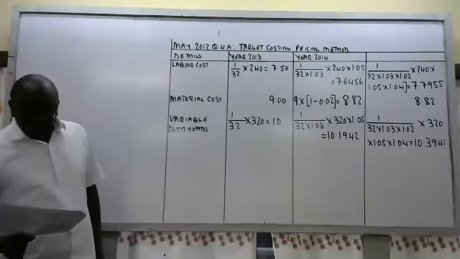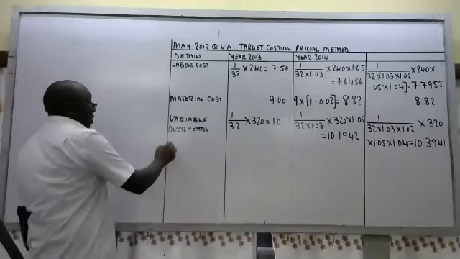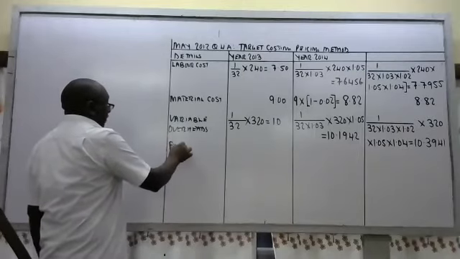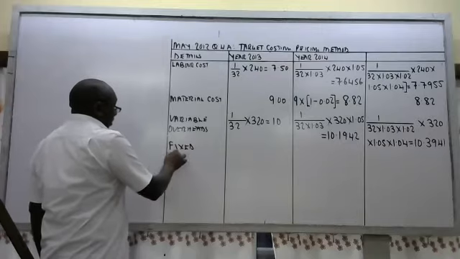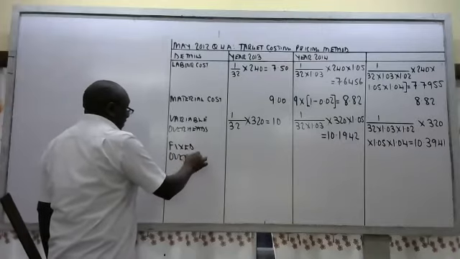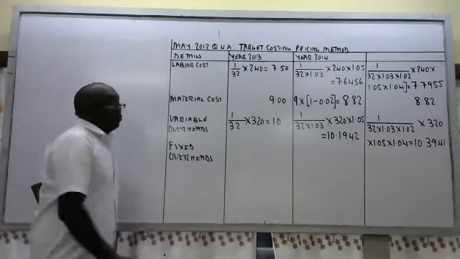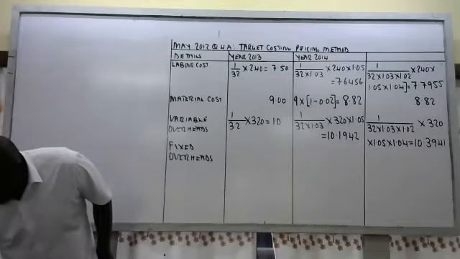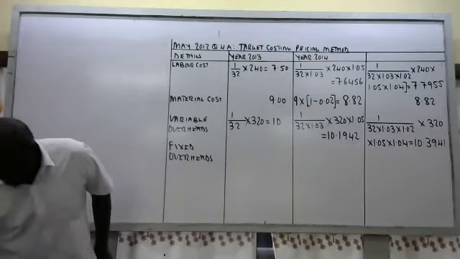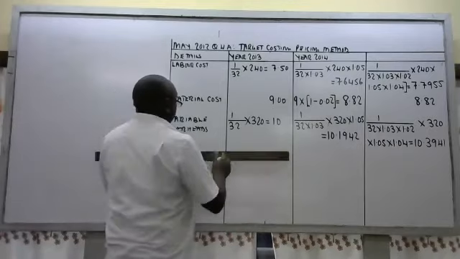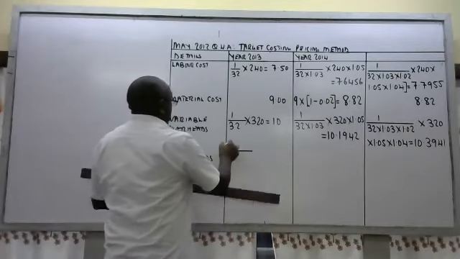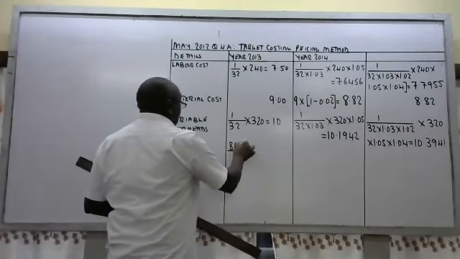So what you do, utachukua hiyo, so kwanza tukuje hapa tuseme fixed overheads. Utachukua the amount which is given as 8680.